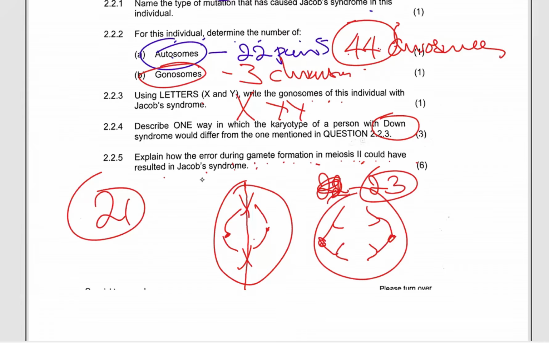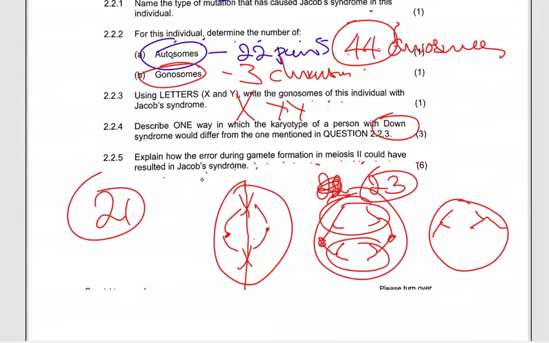But now what happens on this gonosome? Instead of splitting like this, both of them are going to go to one side, leaving the other side with nothing. So this cell will result in having two of the gonosomes. You understand?